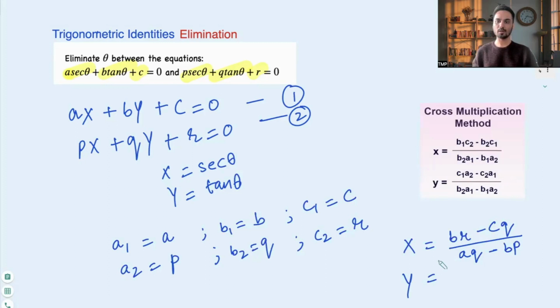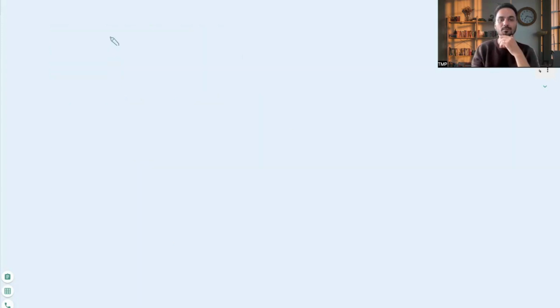And similarly, the value of y is cp minus ar over aq minus bp. So we found the value of x and the value of y.